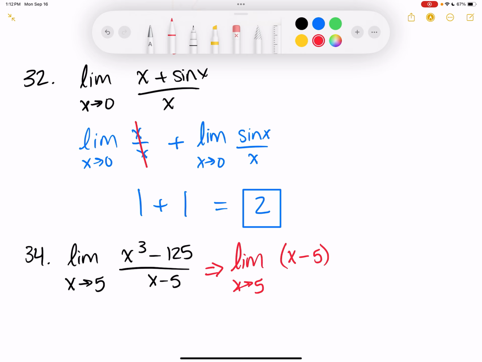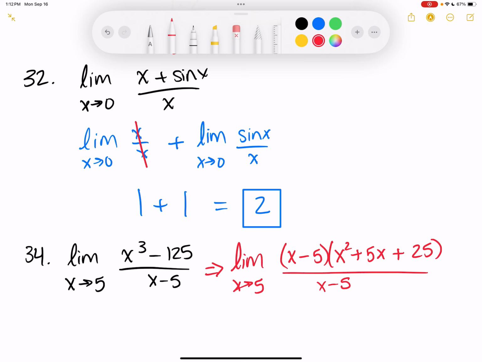Then the first term squared, x squared, opposite sign, positive. First term times second term, so 5x, always positive. Last term squared, over x minus 5. Ringing a bell? A little bit. Difference of cubes. We just split that up.